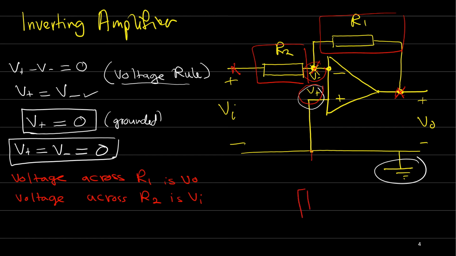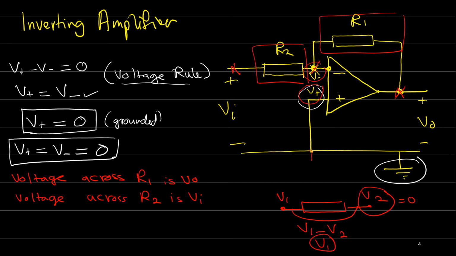If you remember, if we have a resistor like this, and this is V1, and this is V2, the voltage across this resistor is V1 minus V2. If the value of V2 is 0, then V1 minus 0 is V1, and so on.